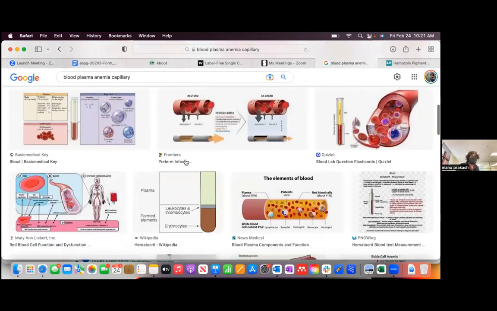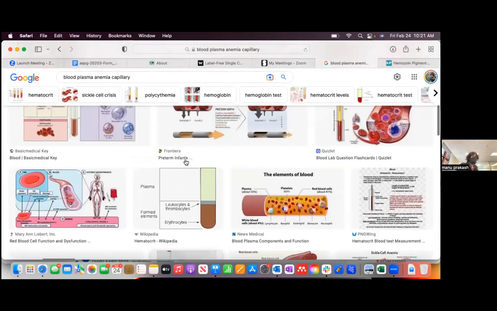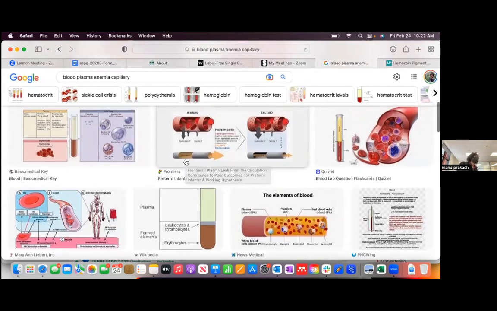And from this ratio, you can actually tell whether somebody has anemia or not. So this is the most common anemia test that's done because you want to know how much red blood cells are there in their body compared to a given blood volume.